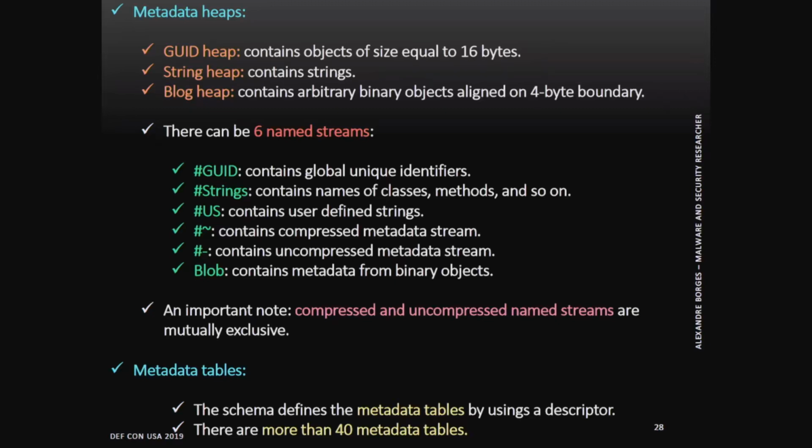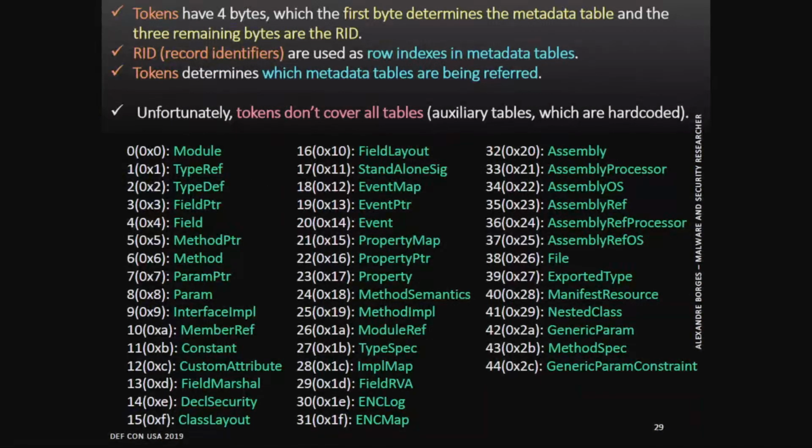When I talk about metadata tables, we have several tables. It is almost impossible to remember every table. You see, I list all the tables here, and everything works using a token. A token is a structure composed of 4 bytes.